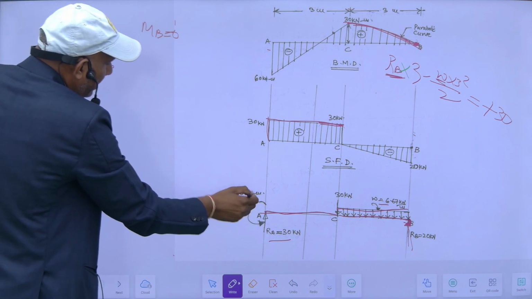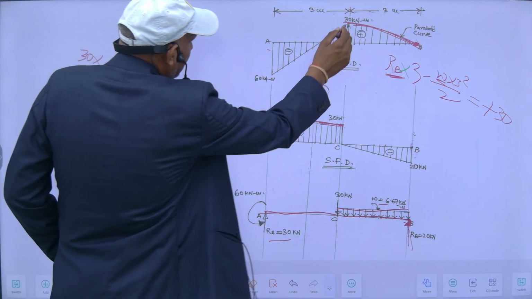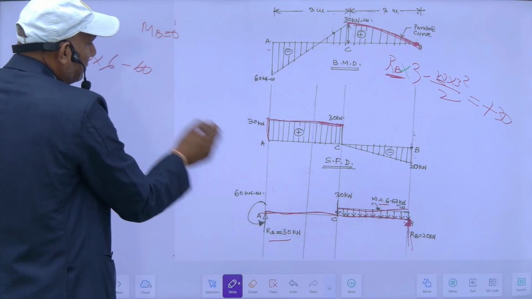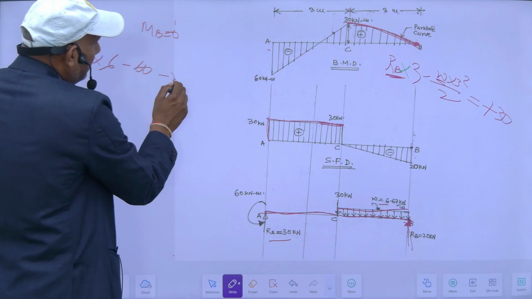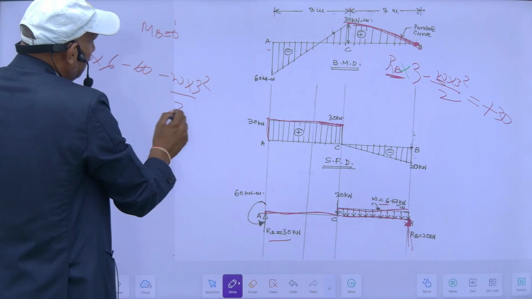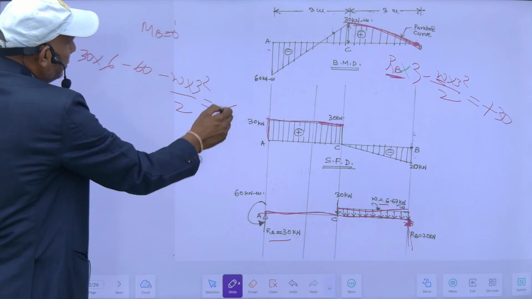This is hogging, minus 60, and no load is here. Then there is a UDL, suppose it is W, this will also be hogging. So W into 3 square by 2 will give the bending moment at B. So this is equal to 0.